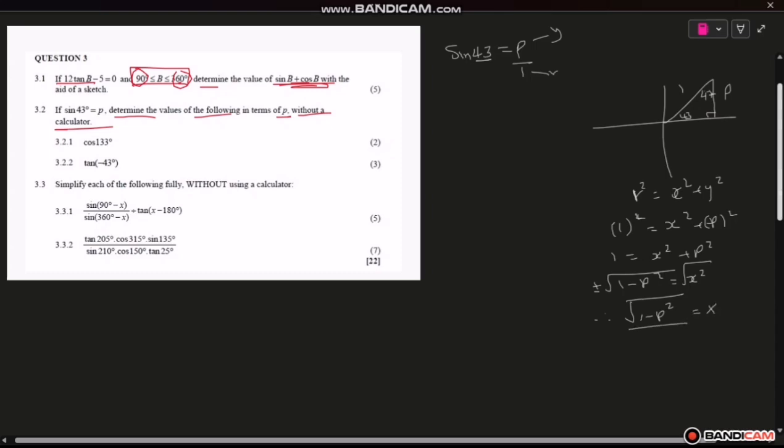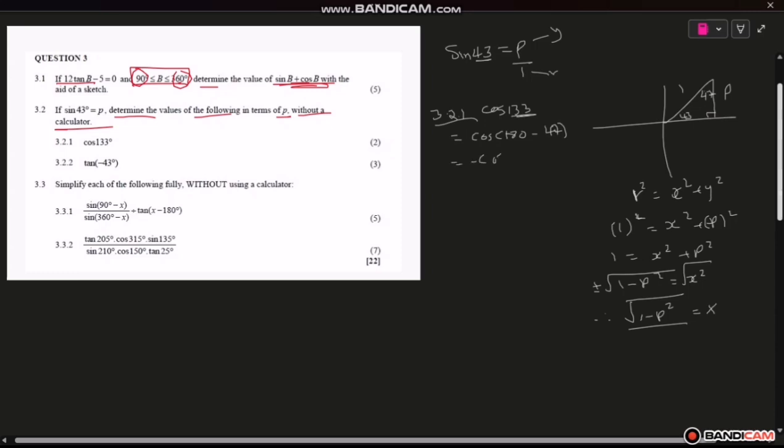Then you can actually simplify, solve cos 133. So this is found in the second quadrant, which is 180 minus 47, the one that you have in your diagram there. So that will actually help you. It will be like you're having your memo with you.